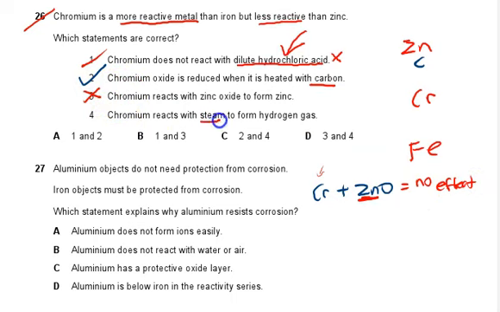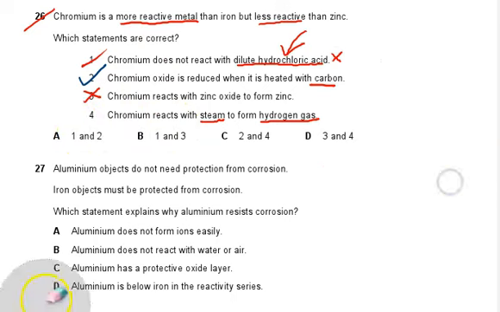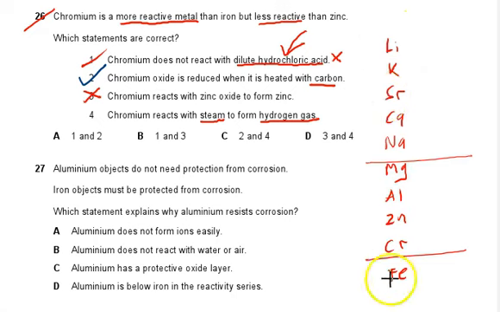Chromium reacts with steam to form hydrogen gas. For number 4, let me explain in much more detail. First, let me erase this, and I will write down the electrochemical series elements here. As you can see, this is the electrochemical series.